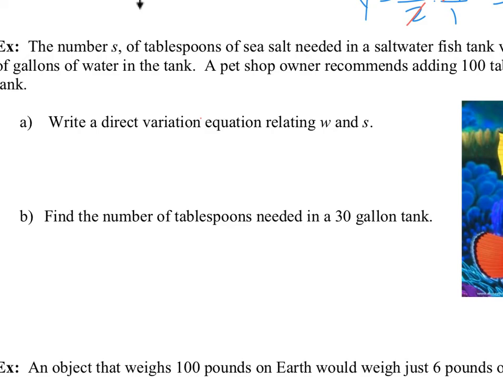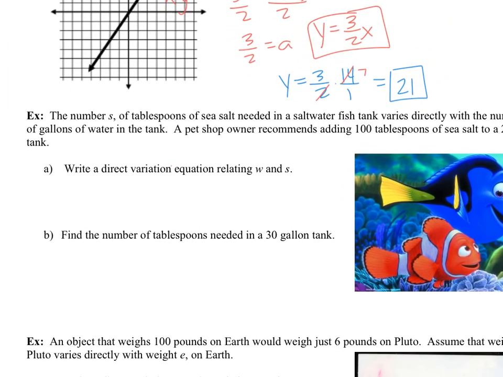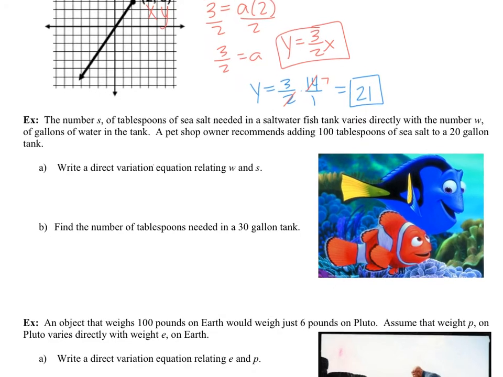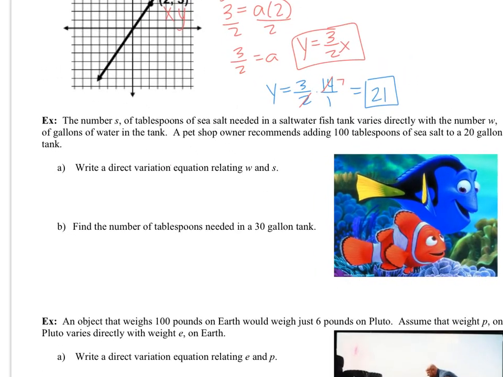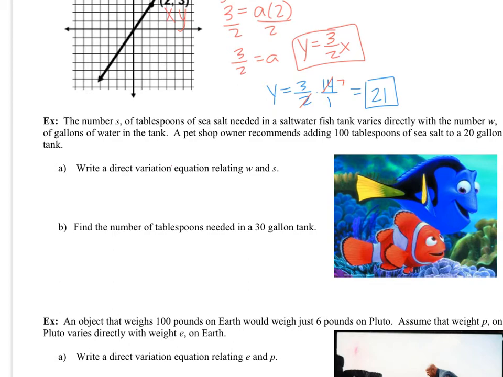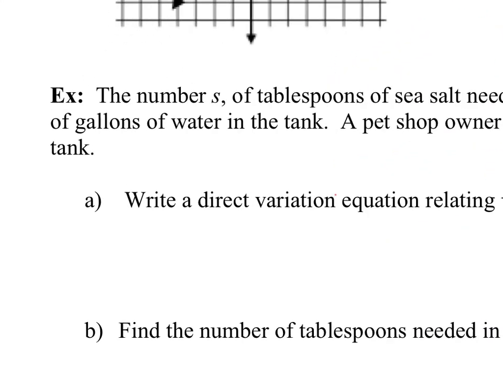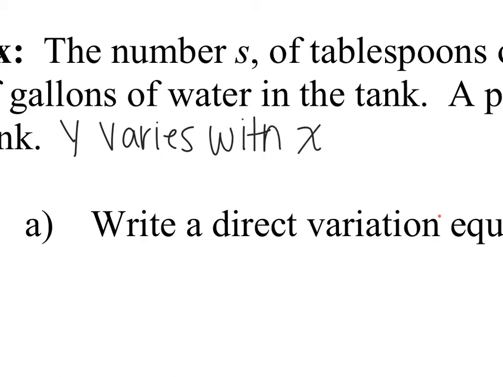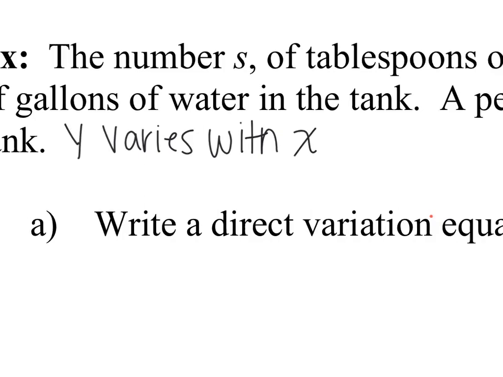So down here, we're going to start to get into word problems. So it says the number S tablespoons of sea salt needed in a fish water tank varies directly with the number W of water gallons. So one sentence that we're going to use a lot to help us is that Y varies with X. That's always true, and that's going to help us figure out what X and Y are.